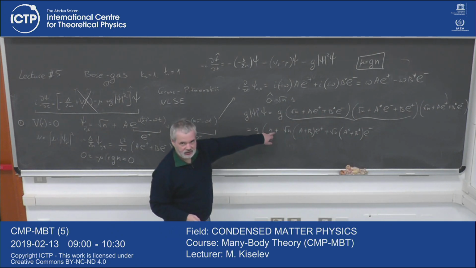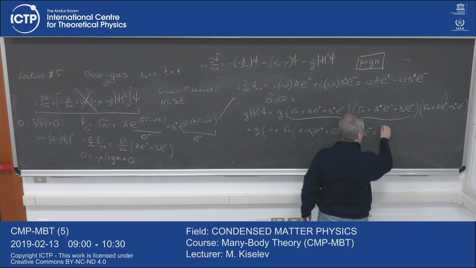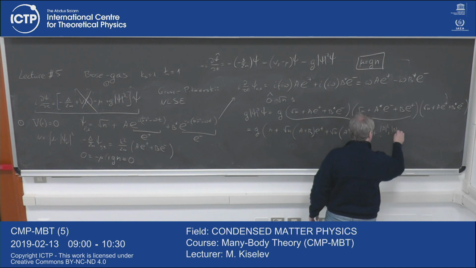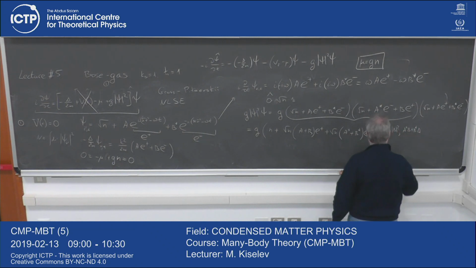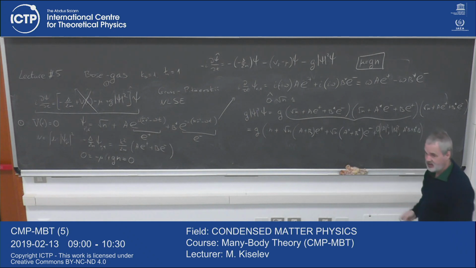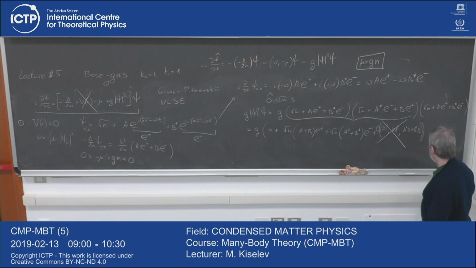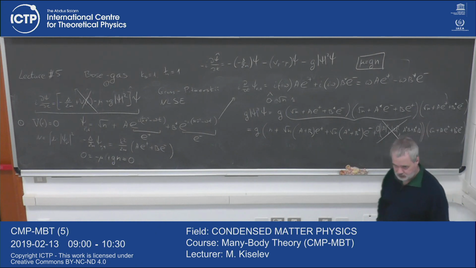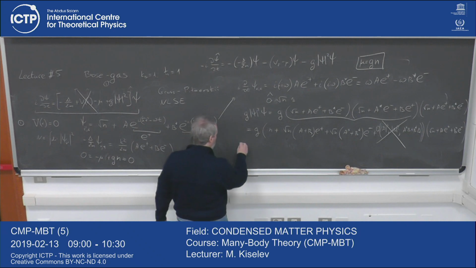So I keep terms linear in n and square root of n. And then there are some terms which are proportional to a modulus square, b modulus square, and ab plus ba. All these terms do not contain n at all, and n is a macroscopically large number. Therefore, I will omit these terms. And what remains is square root of n plus a e plus b star e minus. So I already kept terms in the order of n and in the order of square root of n.